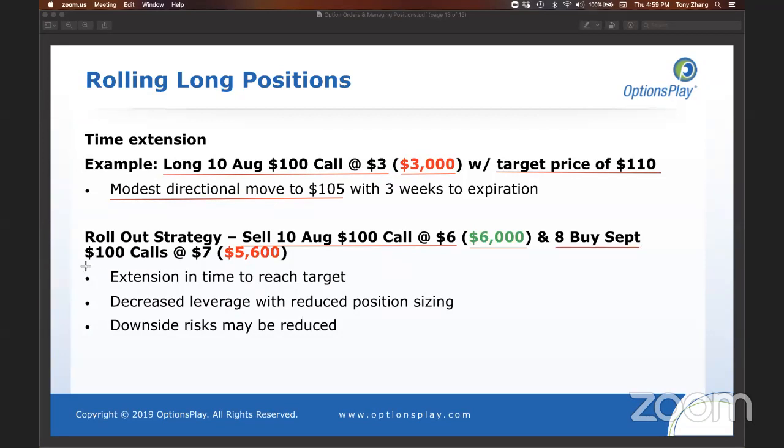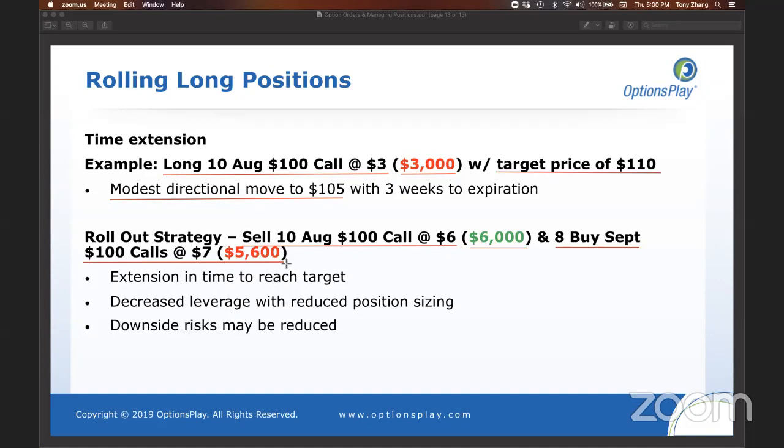But notice that I'm able to do it for roughly the same amount of money that I received for selling those 10 August calls. What this allows me to do is effectively finance a whole other month for free. I'm still going to keep my original $3,000 profit. I'm actually going to reduce my risk a little, because here I've gained $600 in credits, but I've only paid $5,600. So I've reduced my overall risk on this trade from $3,000 down to about $2,600.